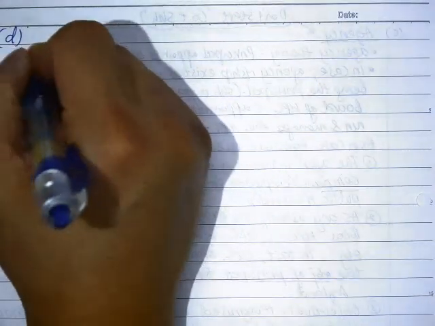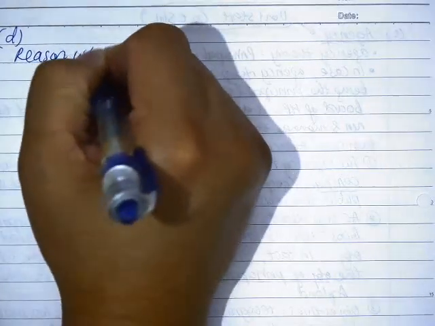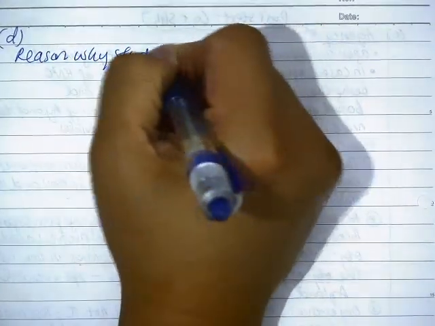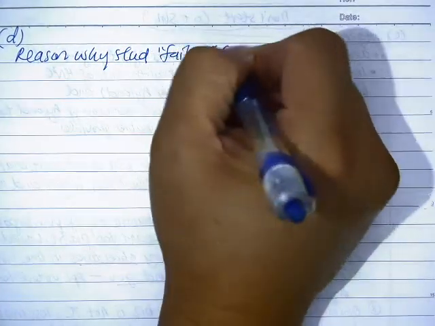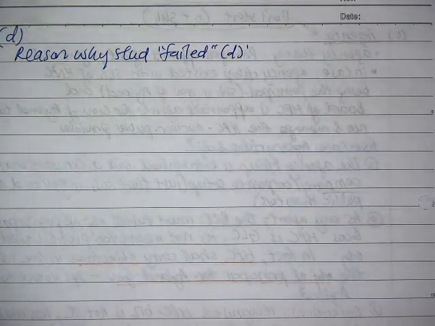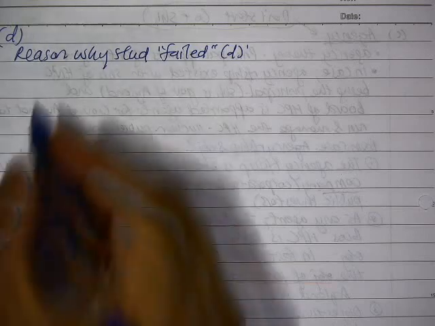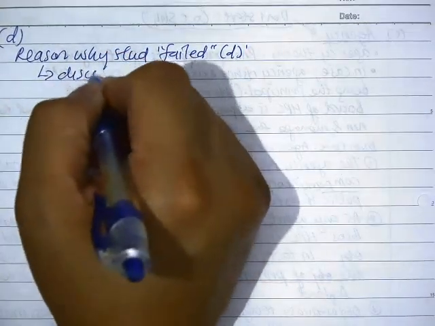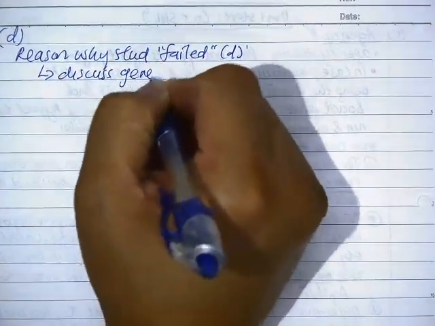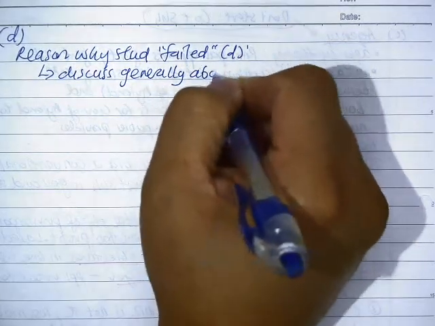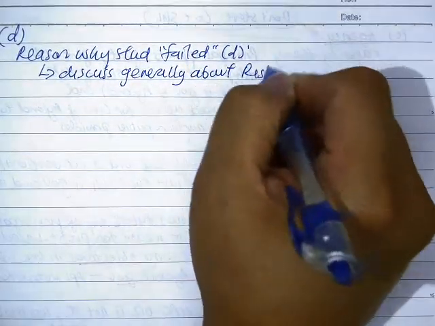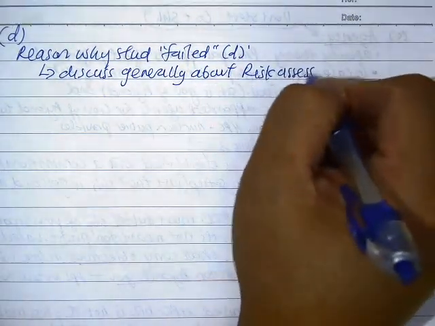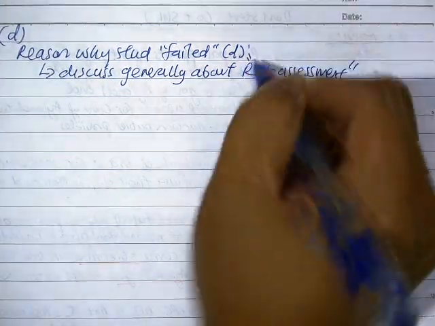Now, the reason why the student will fail D is they discuss generally about risk assessment.